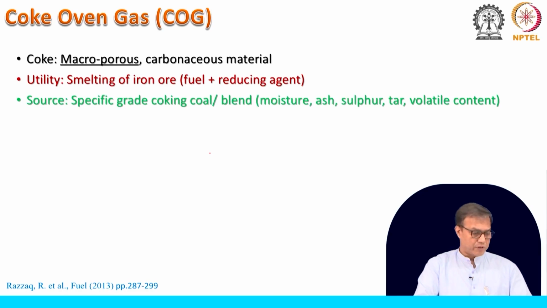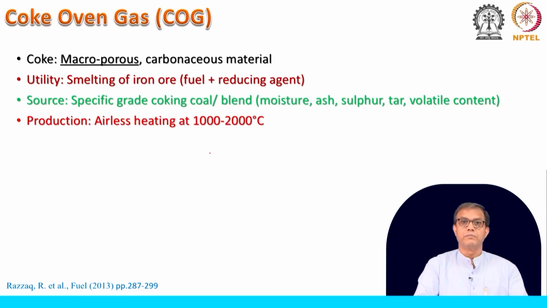And how do we prepare this coke? It is produced in a coke oven, which is generally an airless heating chamber, where it is heated to nearly 1400 degrees centigrade. It ranges between 1200 to 2000 degrees centigrade, in the absence of air, so there is no oxygen present in that atmosphere.